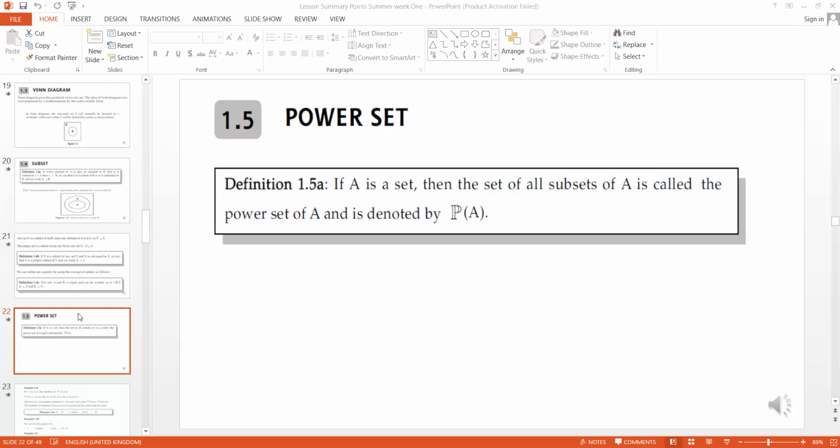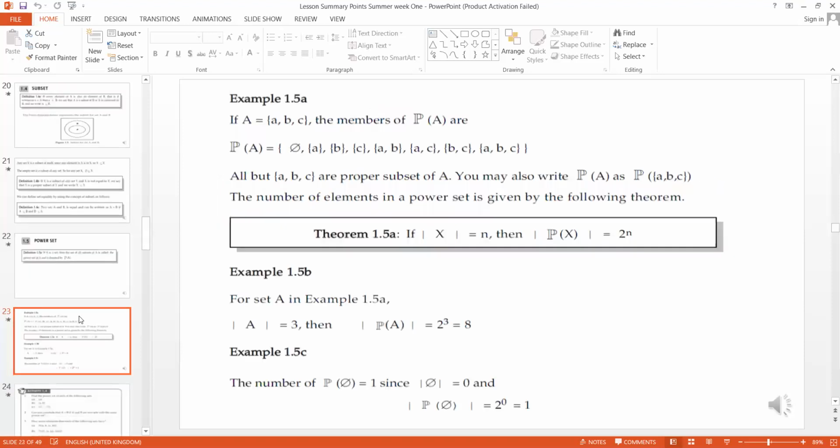And that formula is given as 2 raised to the power n.